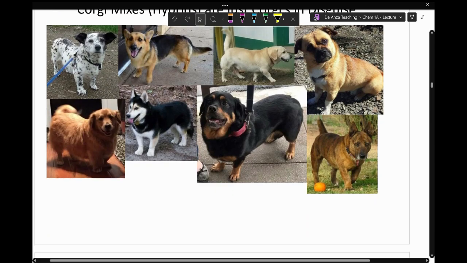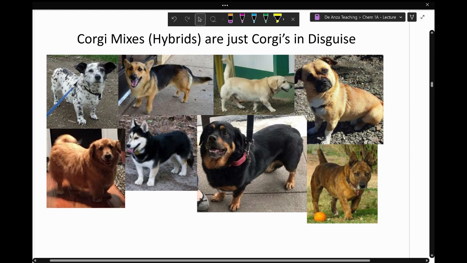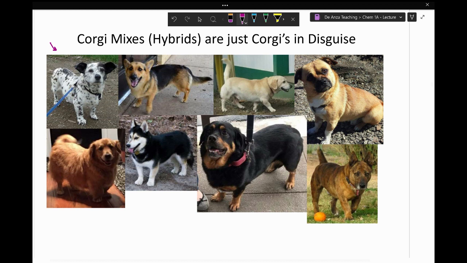These hybrids are just Corgis in disguise, where you take the form of one of the things, like a Dalmatian in this case, you blend it with a Corgi, and it's a mix of the two. And you need both parts to describe the Corgi. It's not just always a Corgi. It's not sometimes a Corgi, sometimes a Lab. It's a blend of the two.